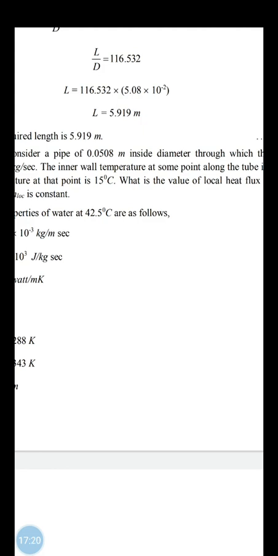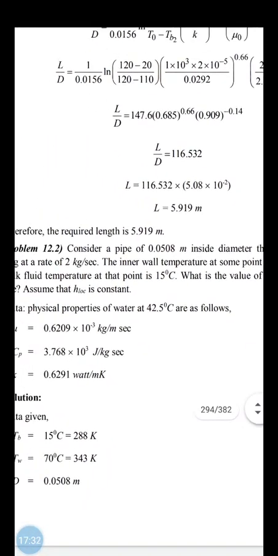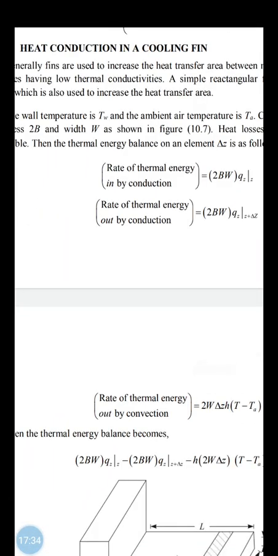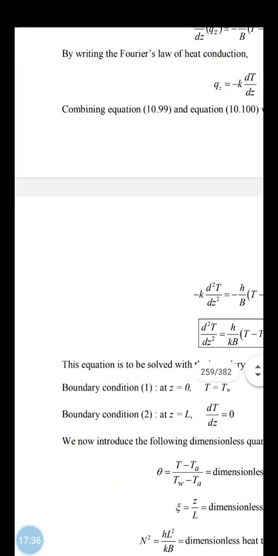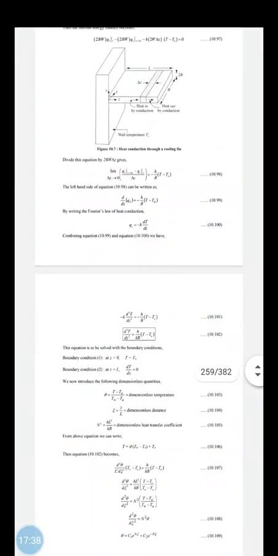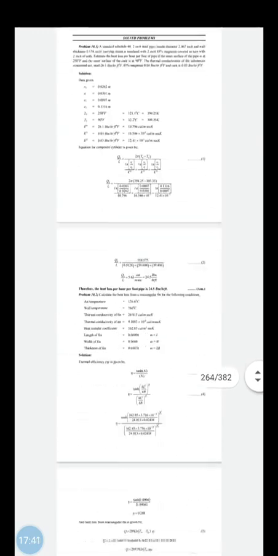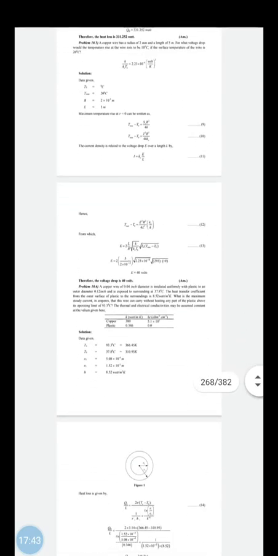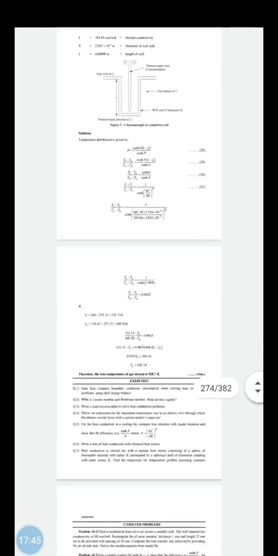What is the value of local heat flux at the wall surface, assuming h local is constant? The physical properties of water are given: mu, Cp bar and the value of k.